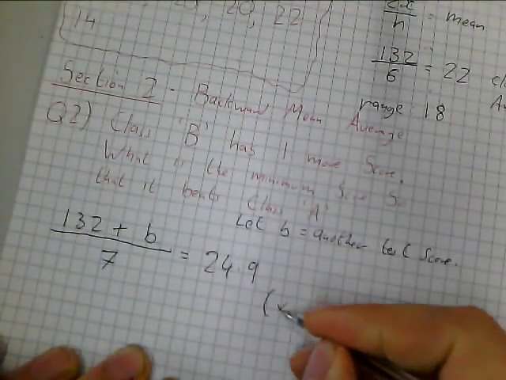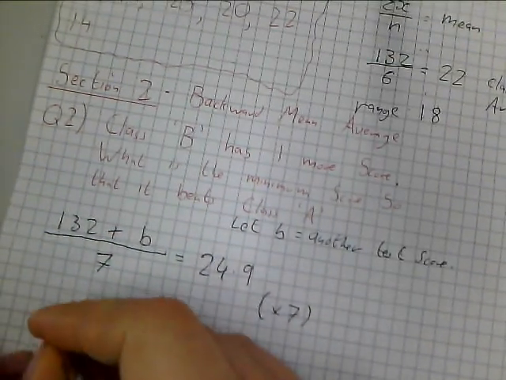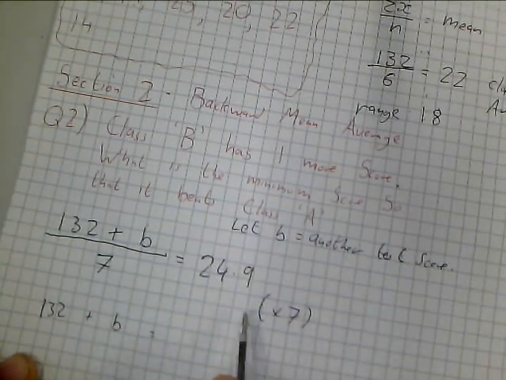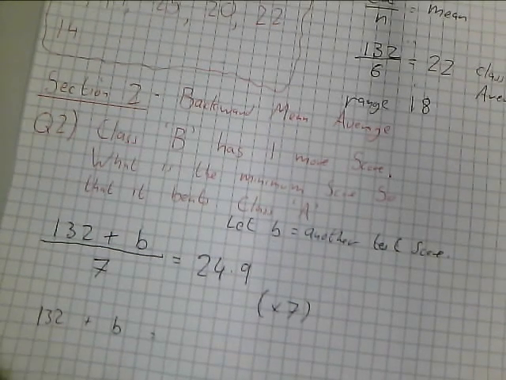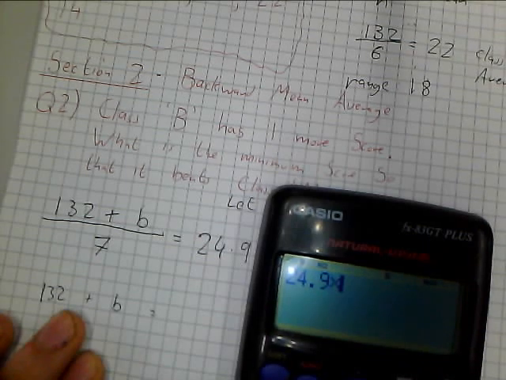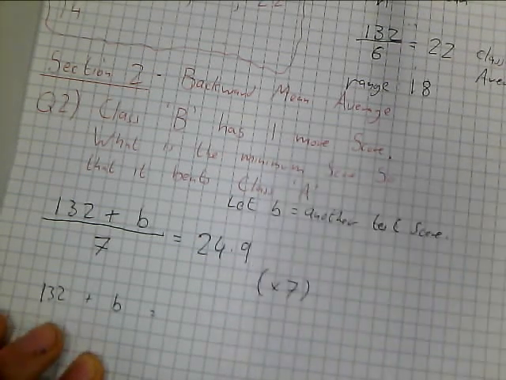Multiply by 7 on both sides to get 132 plus B equals, and then 24.9 times 7 is, let me do that on my calculator, 24.9 times 7, so that's 174.3.